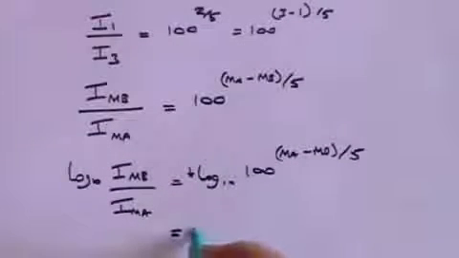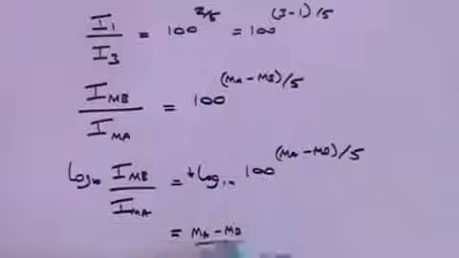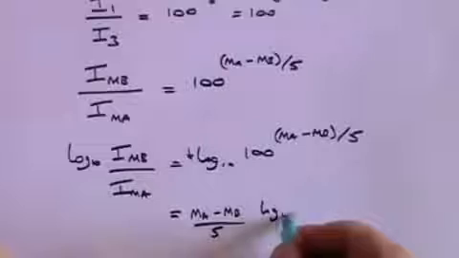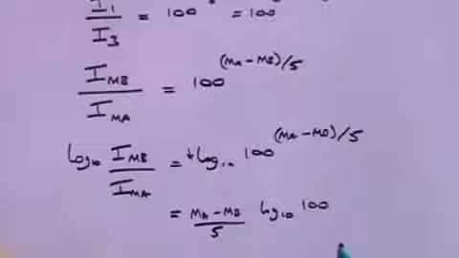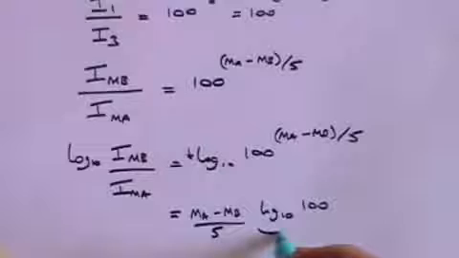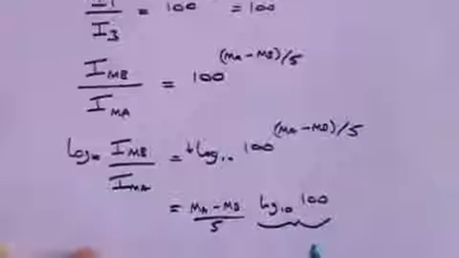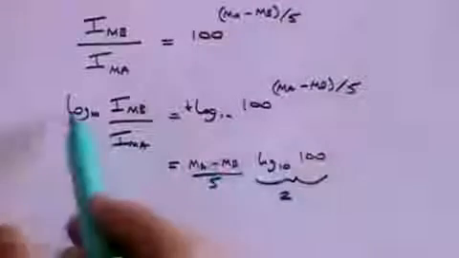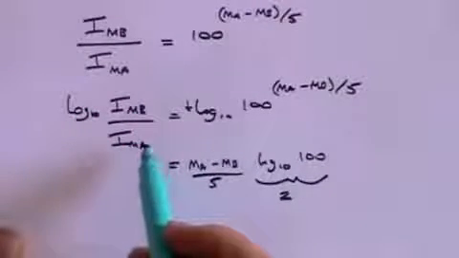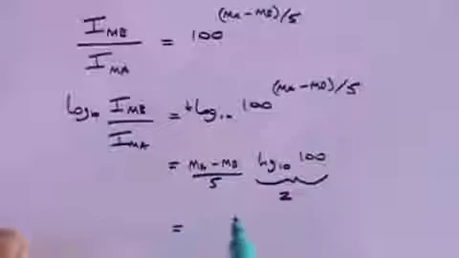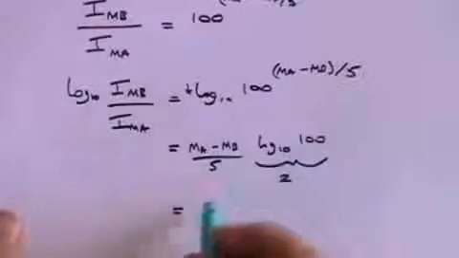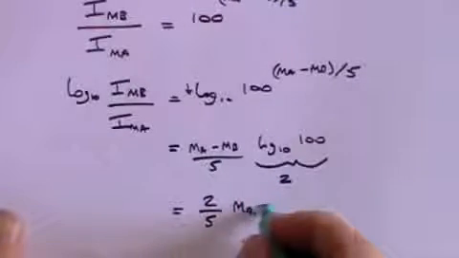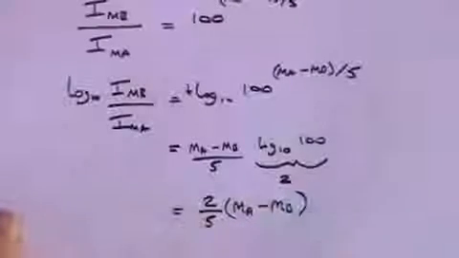So that equals (MA minus MB) divided by 5 times the log to the base 10 of 100. But the log to the base 10 of 100 is of course simply 2. And so consequently, the log of IB divided by IA is equal to this term here, which is 2 divided by 5 times (magnitude A minus magnitude B).